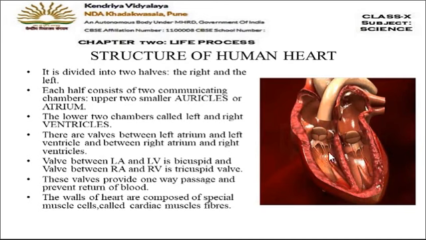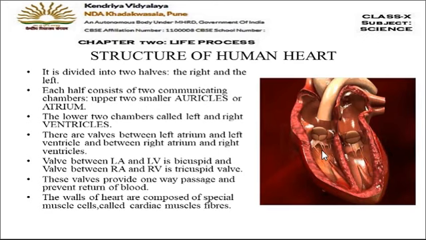And both lower chambers, one left and one right, are called the ventricles. Upper two are called atrium and the lower two are called ventricles. One is left atrium and left ventricle, and the other one is right atrium and right ventricle.